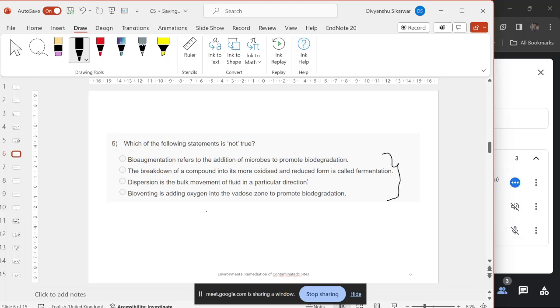Go through them and pick the one which is not true. The first two are true statements.